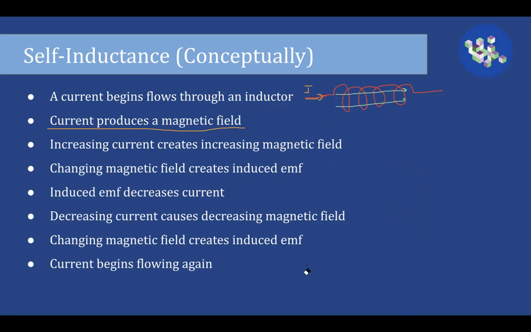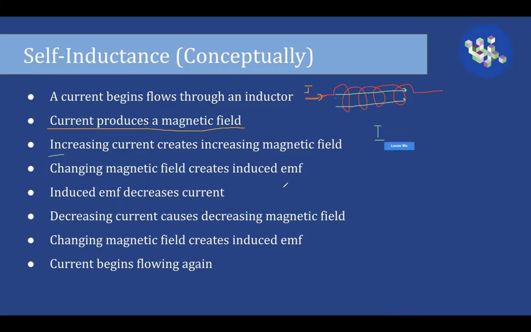If I have an increasing current, remember that increases the magnetic field. And if I have an increasing magnetic field, I have an increasing flux. If I have an increasing flux, I create an EMF, and that creates a current. So to write that all down: I have an increasing current.